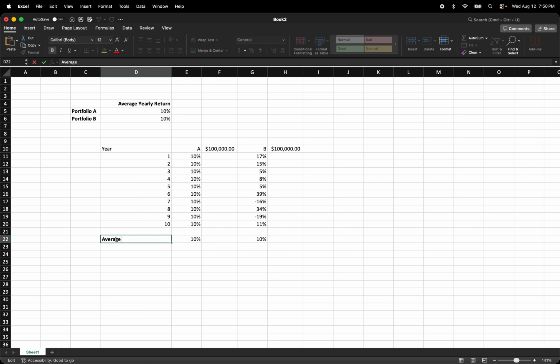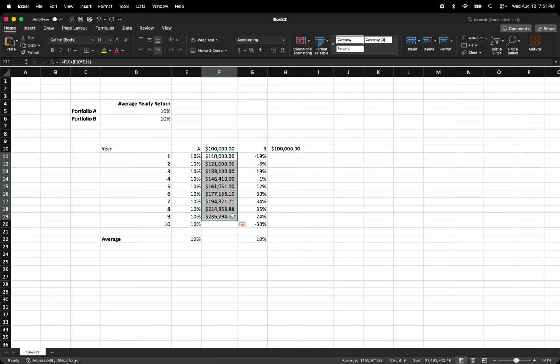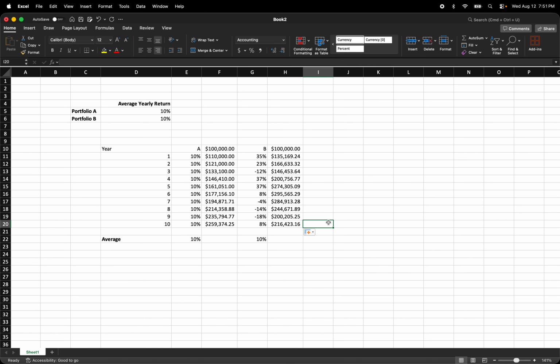I could change the return cycle, but it's always 10%. Here we go.